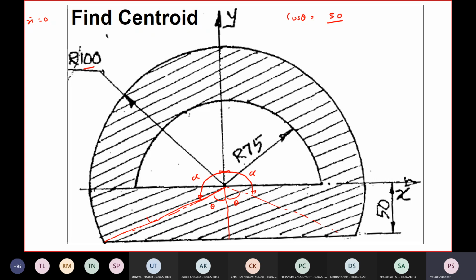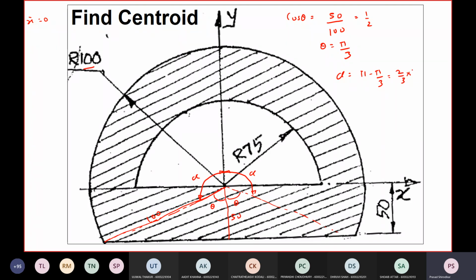So this is 100 and this is 50. So that is equal to half. So theta is 60 degrees, that is pi by 3. Right? So alpha will be pi minus pi by 3, which is equal to 2 by 3 of pi.